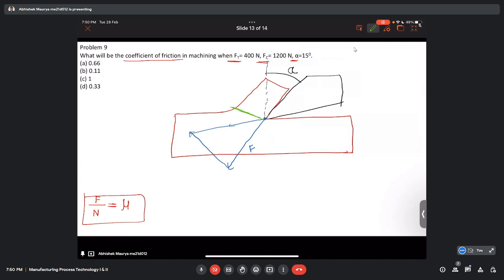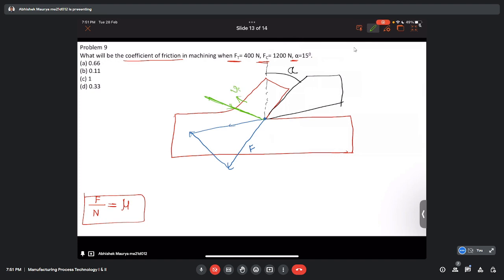Along the shear plane there is another force which the chip is experiencing, in the opposite direction of our chipping action, which is taking place in this direction.